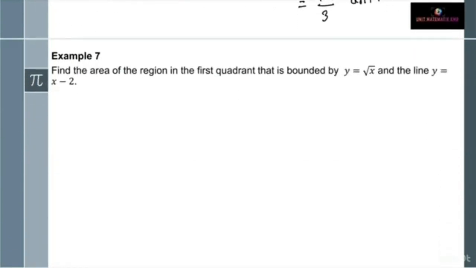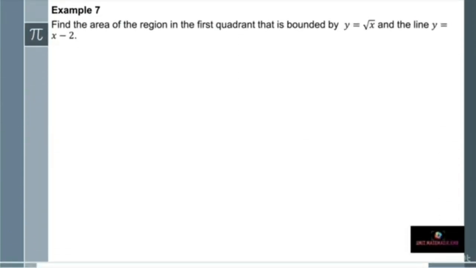Example 7. Find the area of the region in the first quadrant bounded by y equals sec x and the line y equals x minus 2. This time we are not given a graph, so I suggest you sketch the graph.